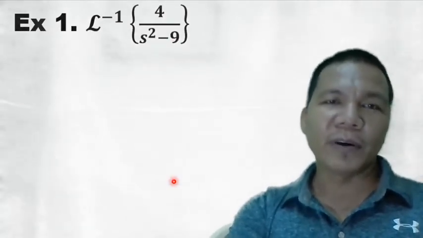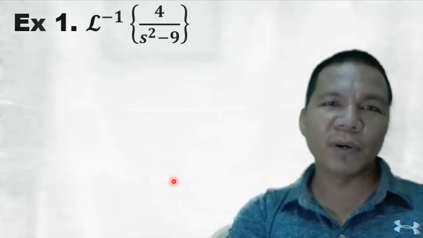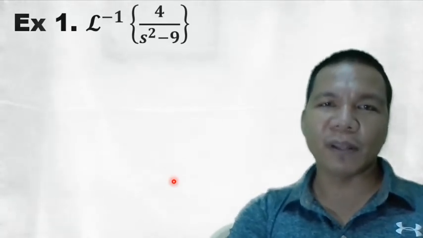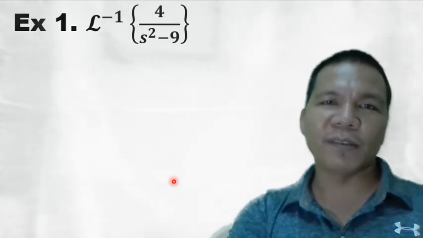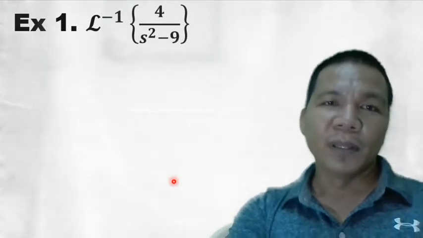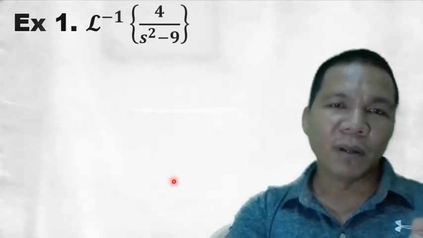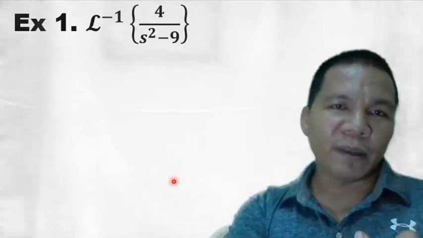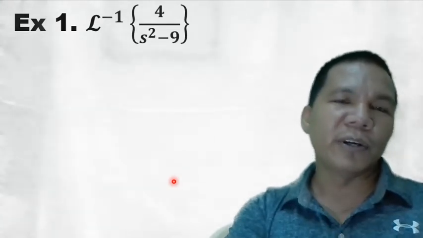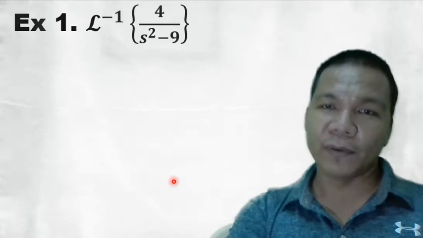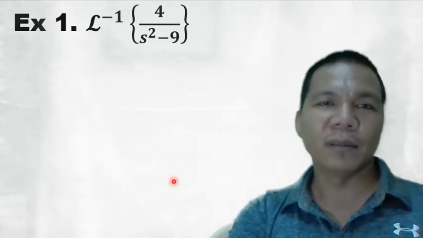Okay, now what if we are going to solve this problem? Example number one, we have the inverse Laplace transform of 4 all over s squared minus 9. Now, if you can still recall, the denominator is s squared minus 9, and your numerator is a constant value. That is in the form of what?